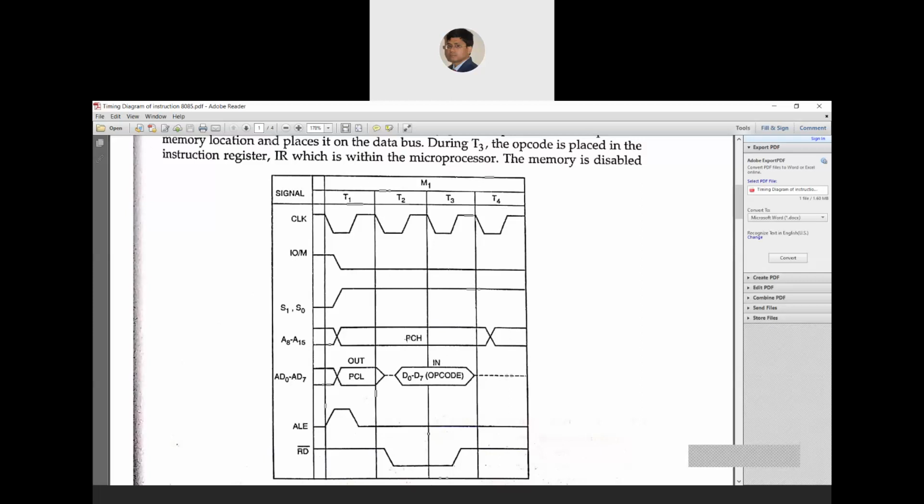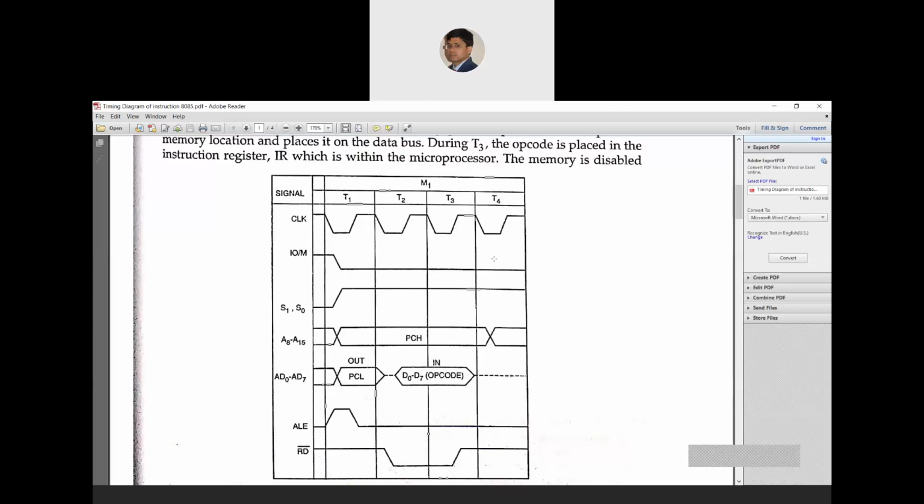And your higher order address bus is just switching from its current state to some other state. As there is no particular function for these buses, one goes to the high impedance state and the other is just changing its state.